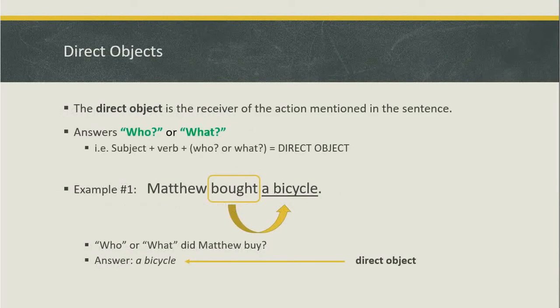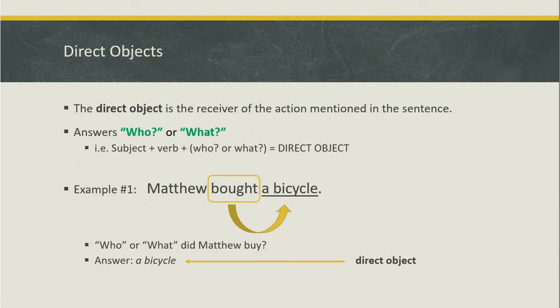Let's break it down between direct and indirect. Well, a direct object receives the action, and it's found by asking who or what after the verb. And what I mean by that is who or what is receiving the verb. So we take the example, Matthew bought a bicycle. Step 1, find the verb, bought.